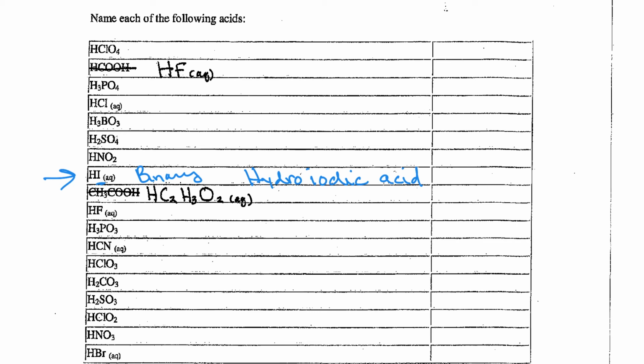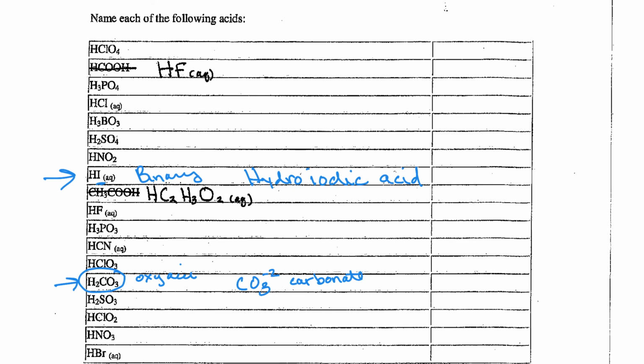All right, but let's try this one, for example. All right, so I know that's not a binary. It's not going to be hydro anything. This is going to be an oxyacid, and I can see that the polyatomic ion is CO3 minus 2. I can tell that because there's 2 hydrogens and each hydrogen is a +1. Well, I look at my polyatomic ion sheet and I see this is carbonate, right?